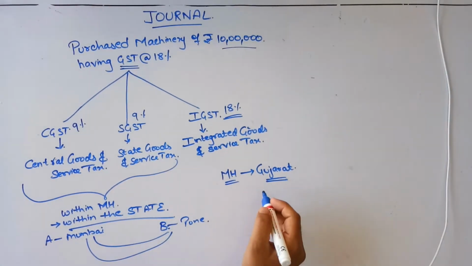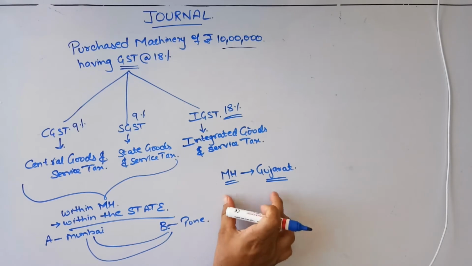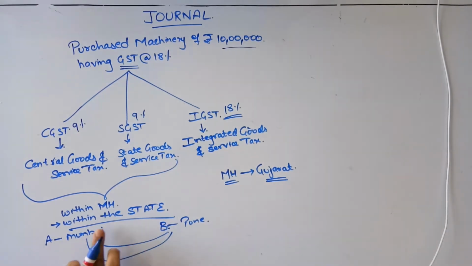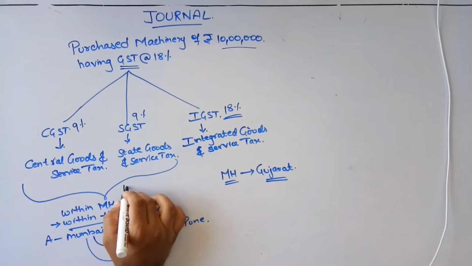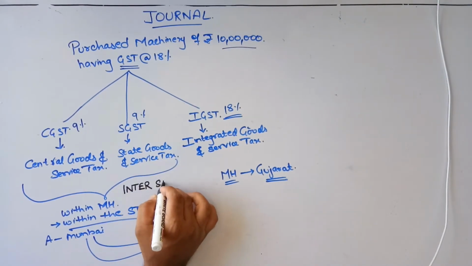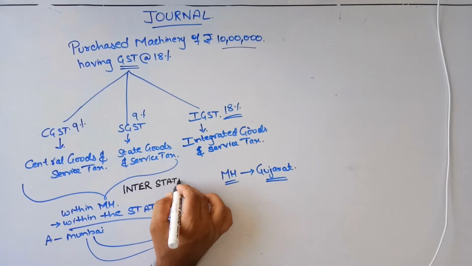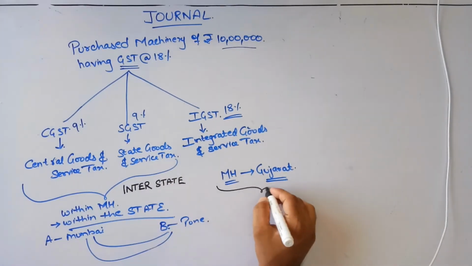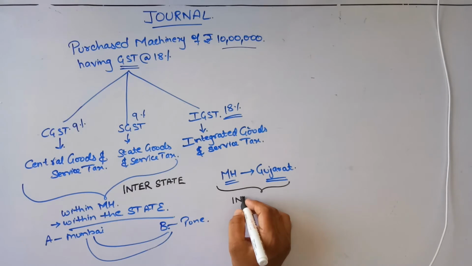In this case, there is a change of state. There are two states involved. This is called interstate, and what is this called as? Intrastate.